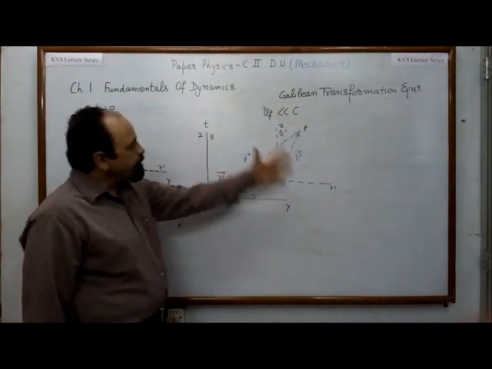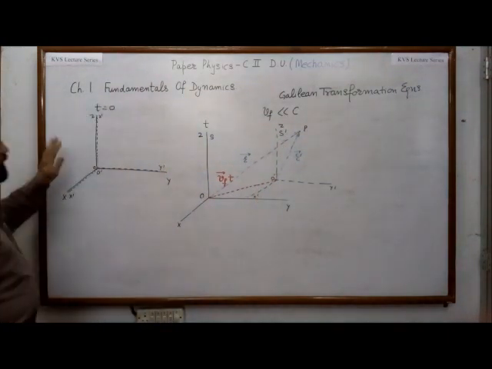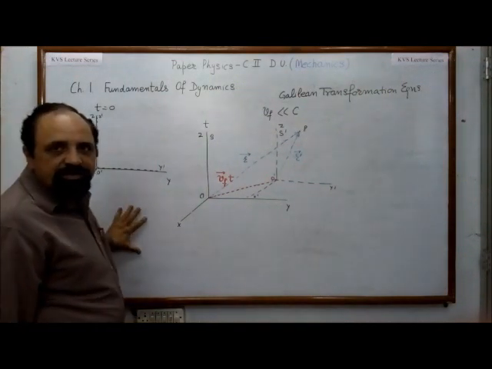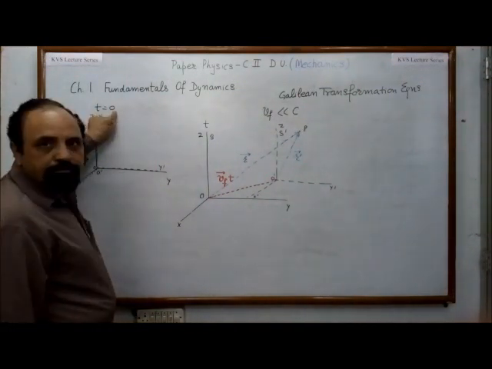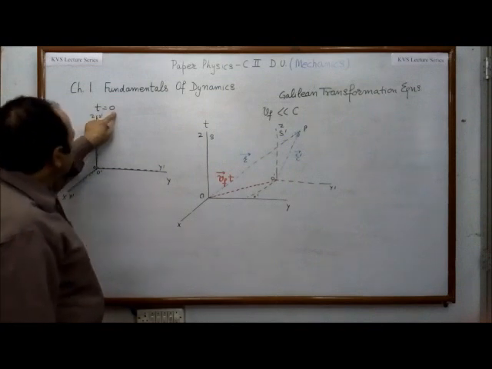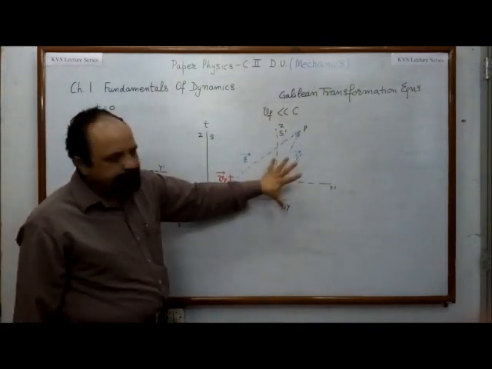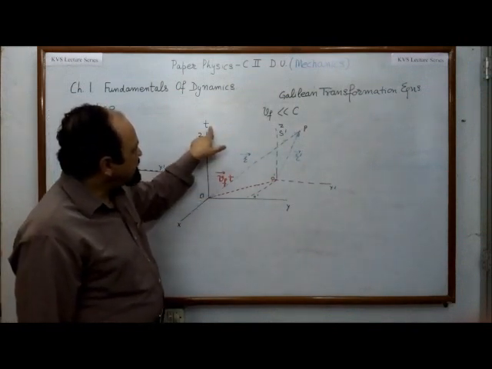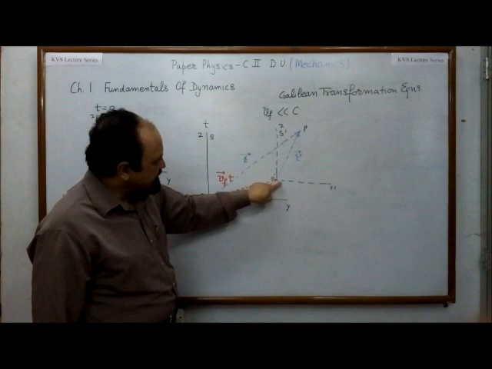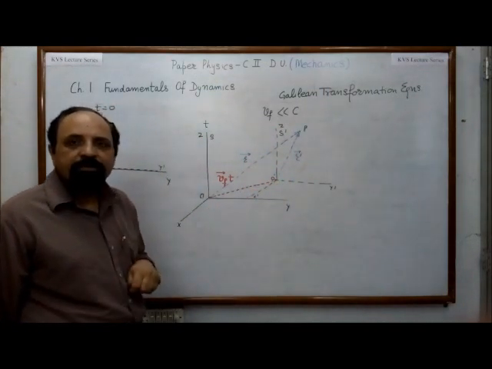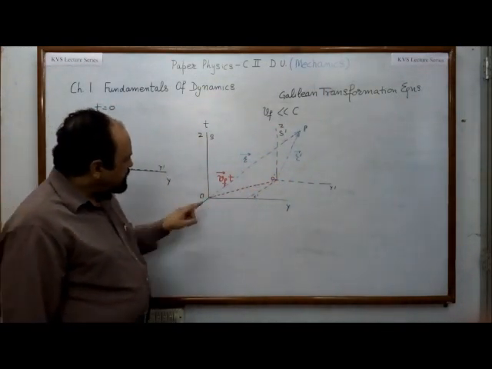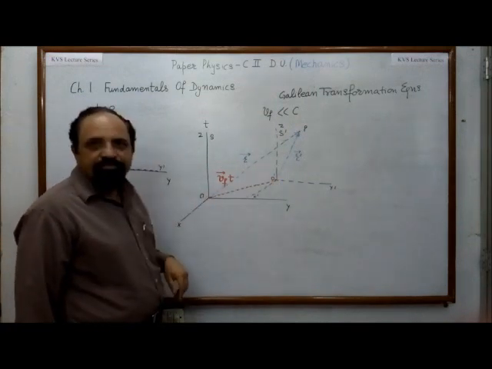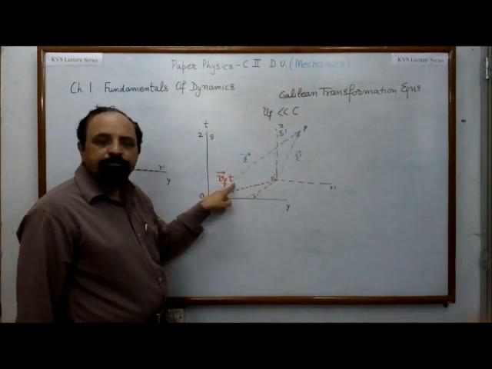Let me quickly repeat what I said. These two frames, S and S' frame, were coinciding with each other at time t equals to 0, out of which the frame S' has moved. At time t, this frame S' is somewhere here. Origin of S' frame has moved a relative displacement Vft.